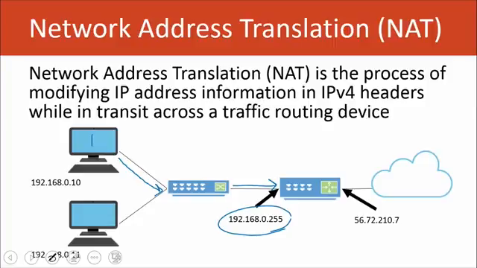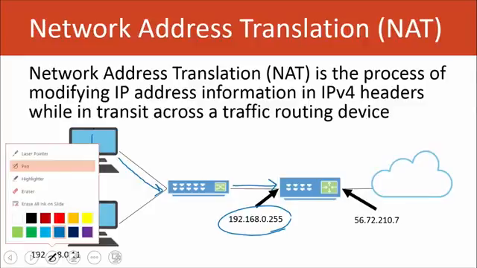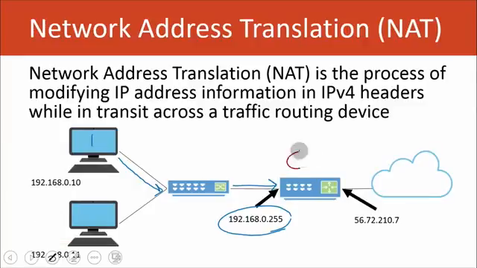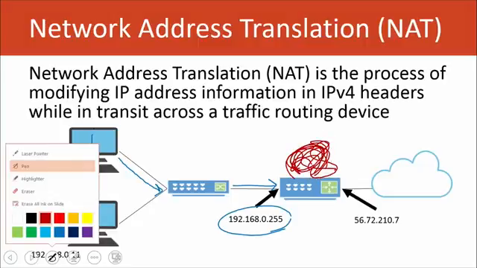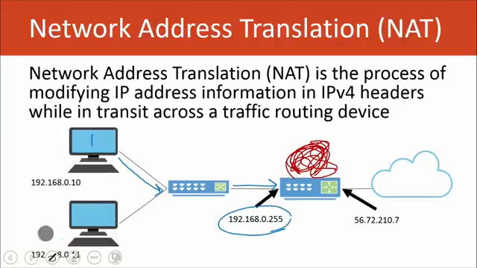And this is my translation process here, right? That router is going to go to work and translate this address into this one. It actually knows exactly what that address is, so the process isn't as messy as that, but I just thought it'd be more fun if I scribble on the screen.